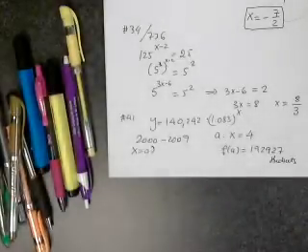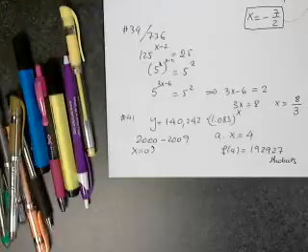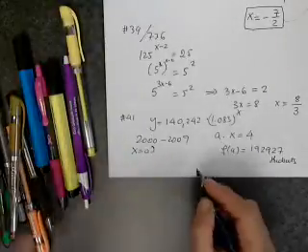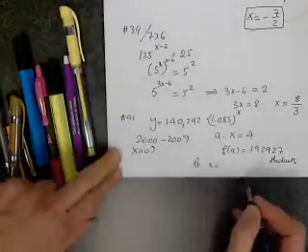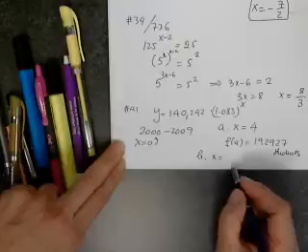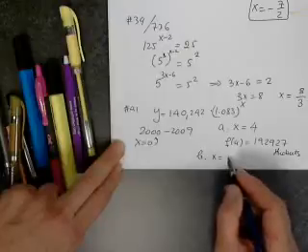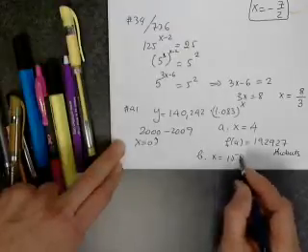Now in part B. Assuming this equation continues to be valid in the future, use the equation to predict the number of American students studying abroad in 2015. What does that mean? How much is x? 15.